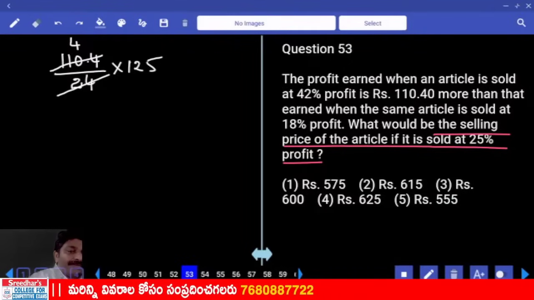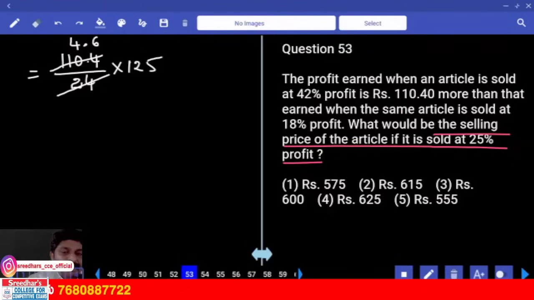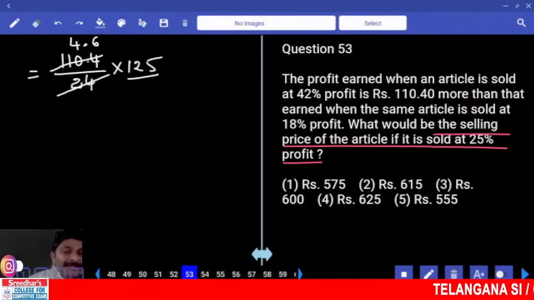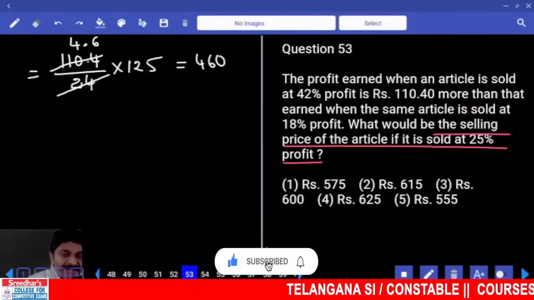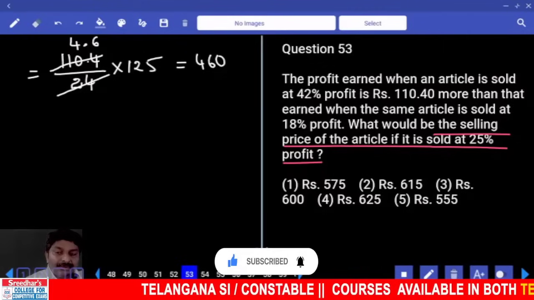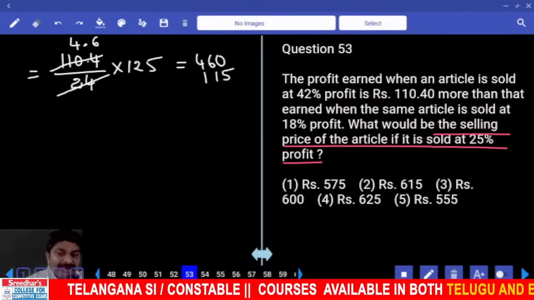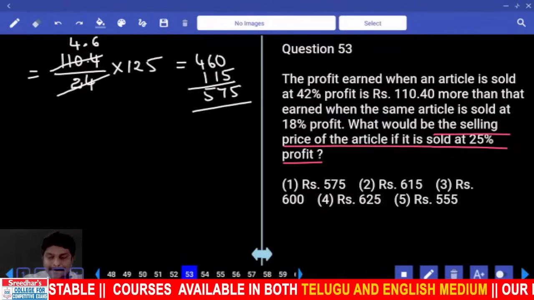We have 144.6, that is 4.6. 4.6 into 125. Can I treat 125 as 100 times plus 25 times? 100 times of 4.6 is 460. 25 times will be 1/4 of this number only. 1/4 of this number is equal to 115. Total 575.